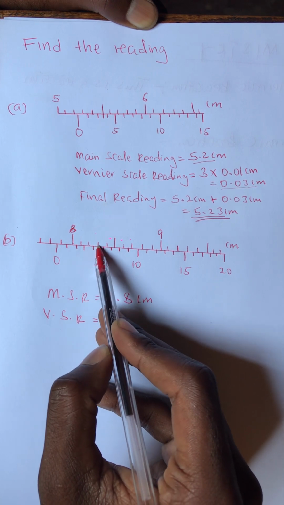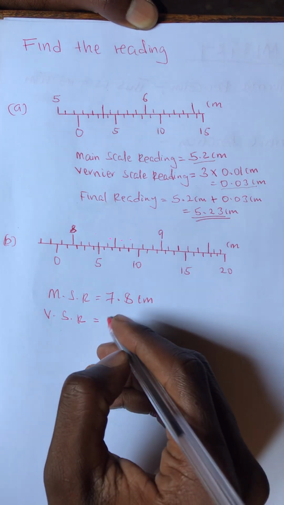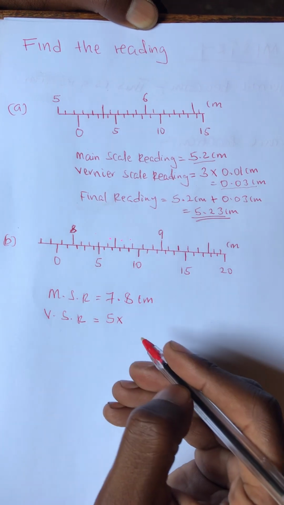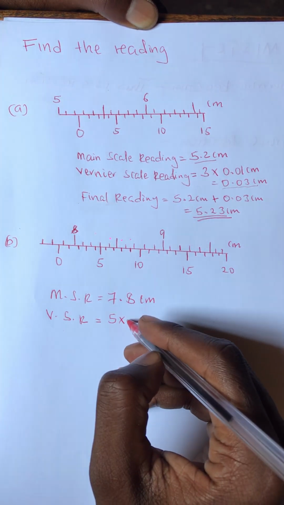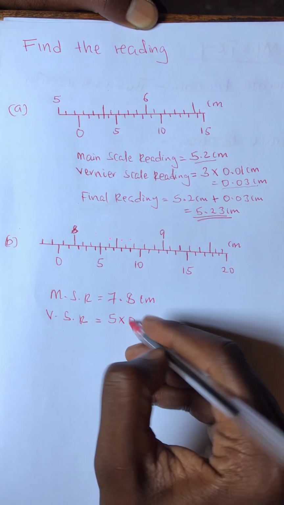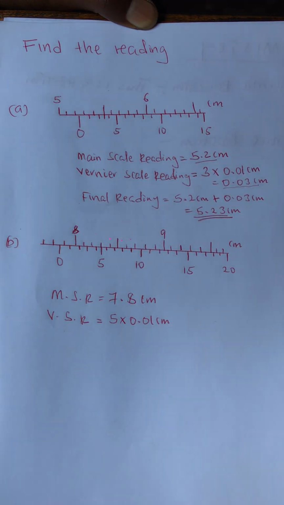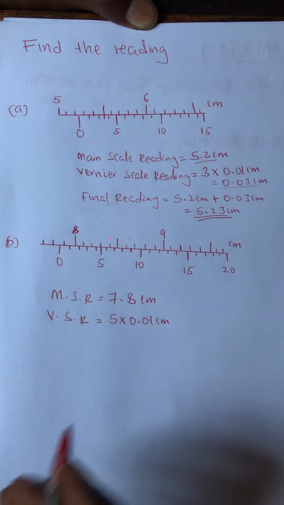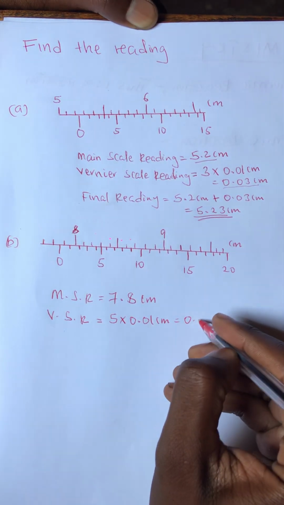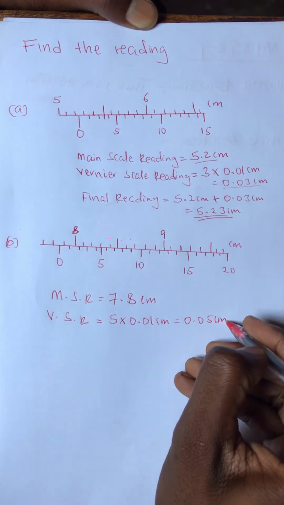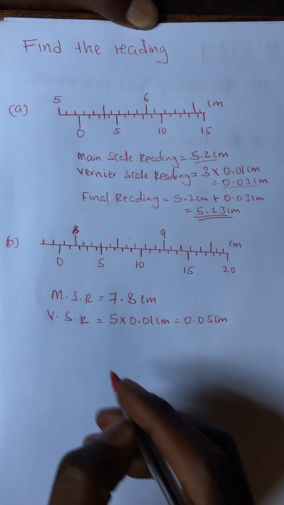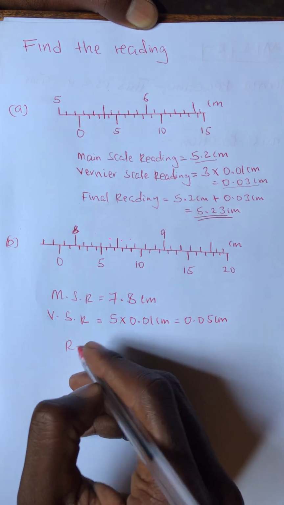So 5 is coinciding. You are going to get that 5, and then multiply it by the accuracy or the least count, which is 0.01 centimeters. So when we multiply there, we get 0.05 centimeters. And then from there, we're just going to get the final reading.